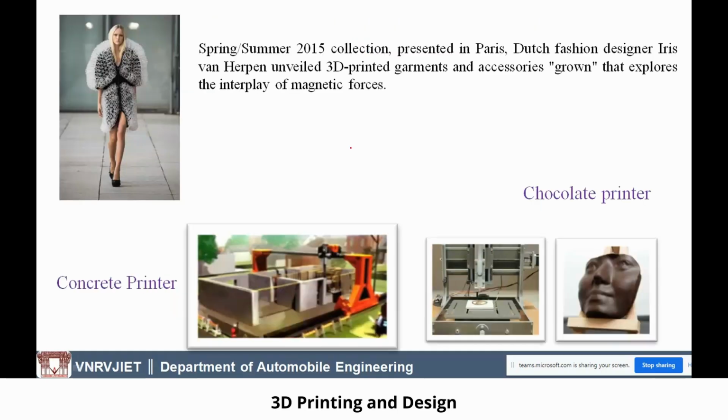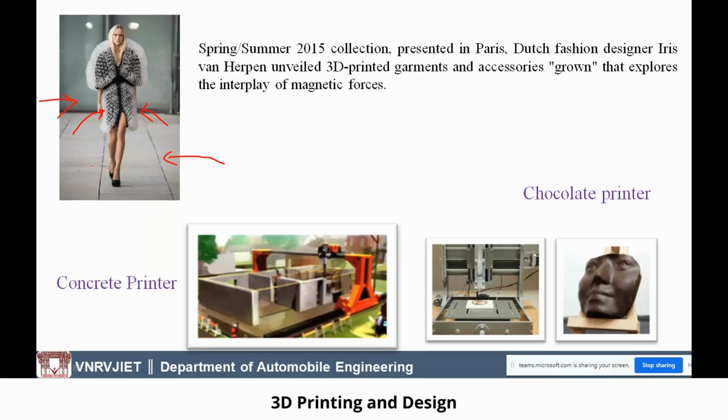And you can see here it not only belongs to mechanical or electronics, but also the fashion point of view. Okay, so this is a 3D printed gown or shirt, whatever you call it. So not only in mechanical and other engineering applications, but in fashion applications also we are using 3D printed components.